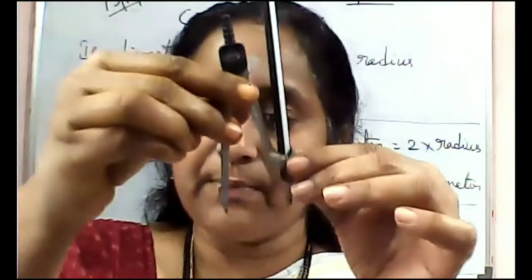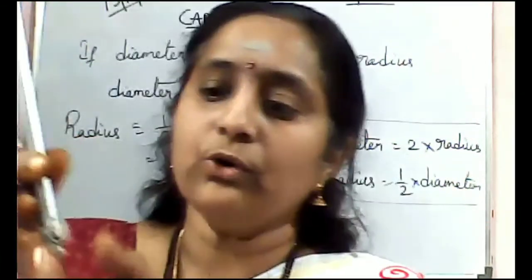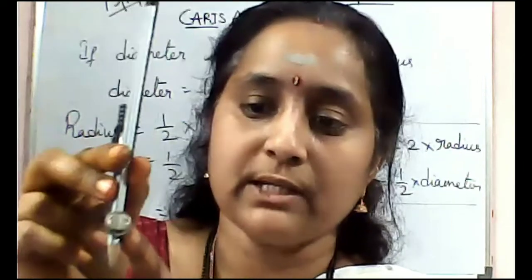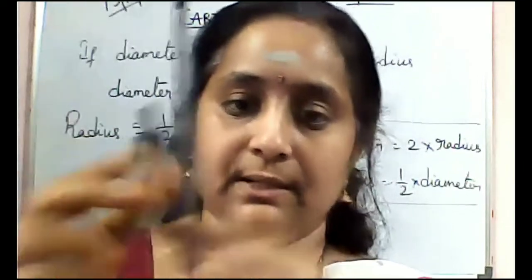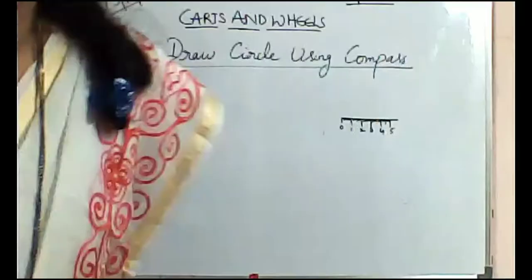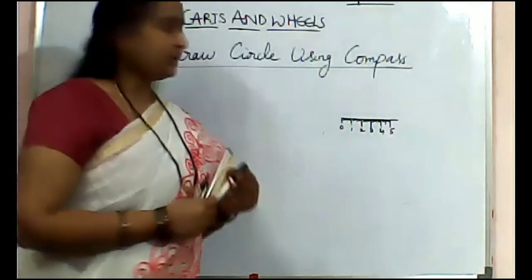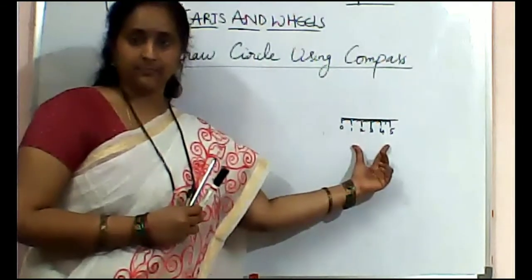So fix the compass like this. You have to tighten the screw here. You have one screw here. You have to tighten the screw after fixing the pencil. Okay, children? Children, take the scale. Suppose this is your scale.